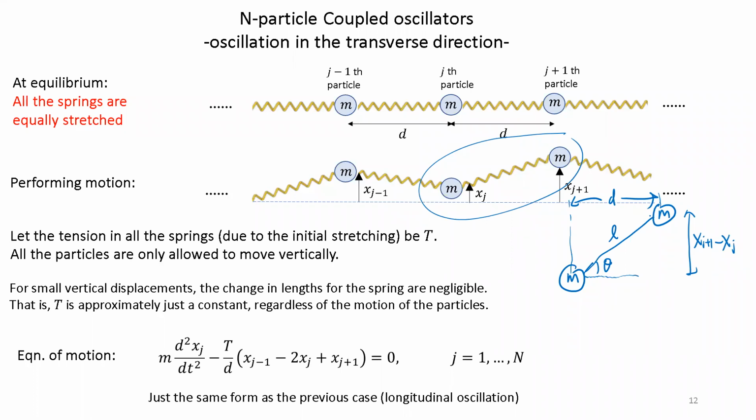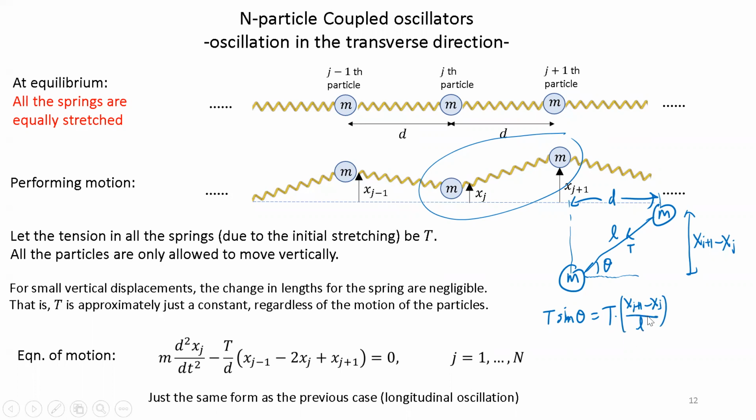The tension, of course, will be going along the spring like this. But as I said, I only care about the vertical component, so I only want to know T sine theta. And that would be T times (x_{j+1} minus x_j) divided by L.